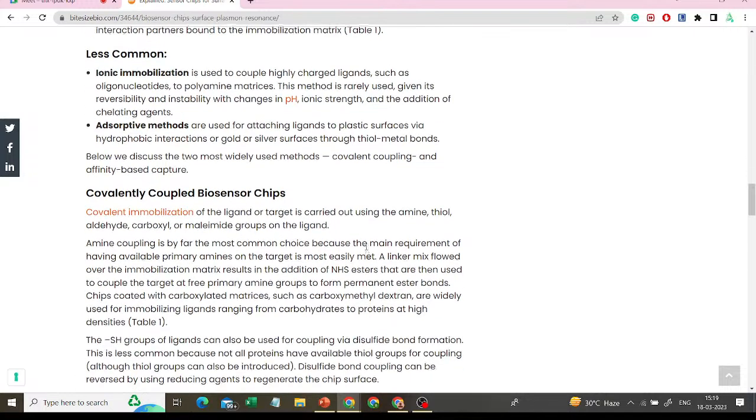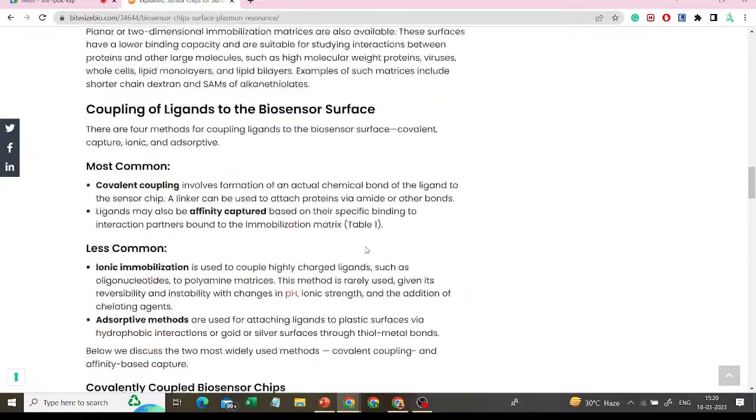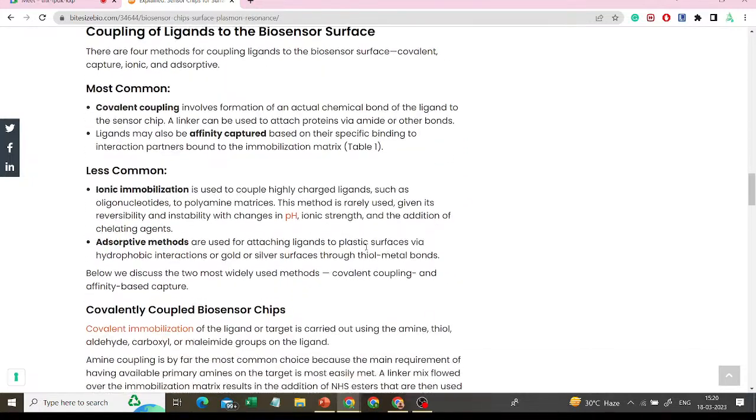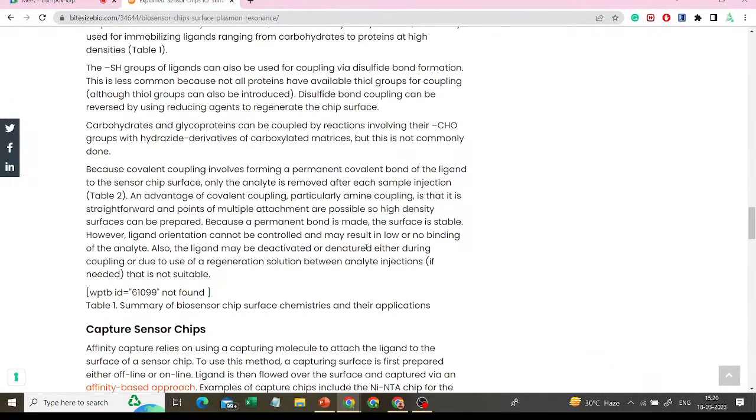Then, covalently coupled biosensor chips. Covalent immobilization of the ligand or target is carried out using the amine, thiol, aldehyde, carboxyl or maleimide groups of the ligand. So just keep a focus on the different groups that are used. The SH group of the ligands can be coupled by disulfide bond formation.